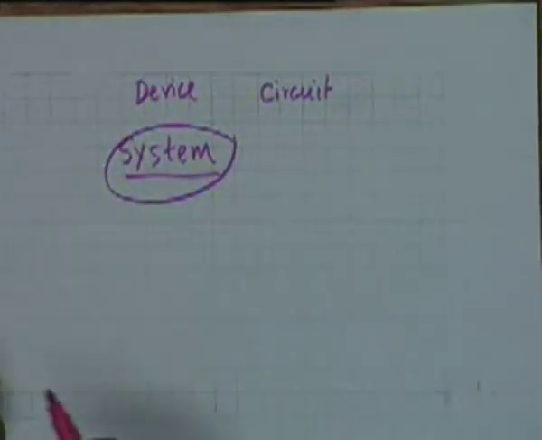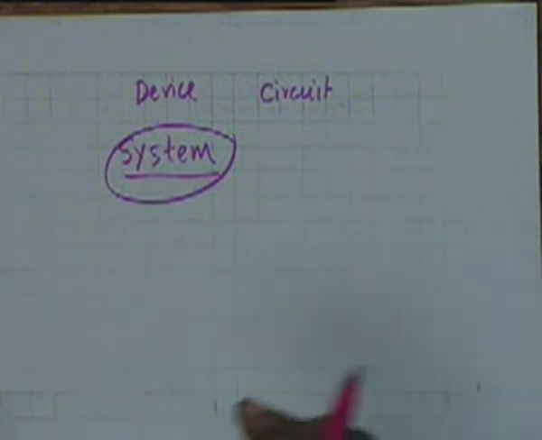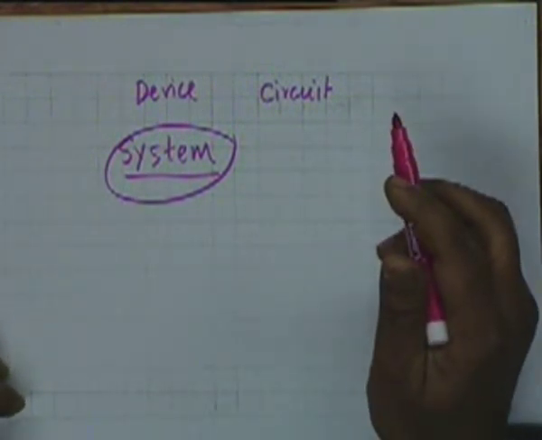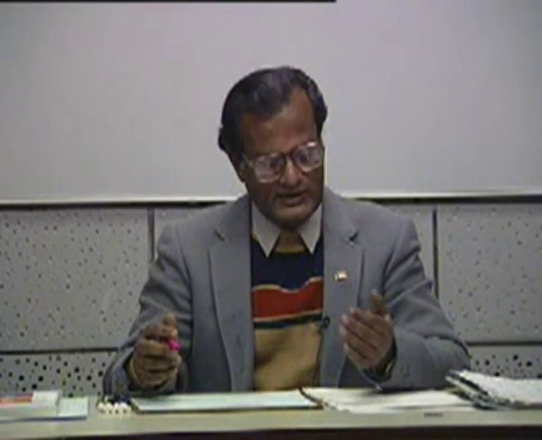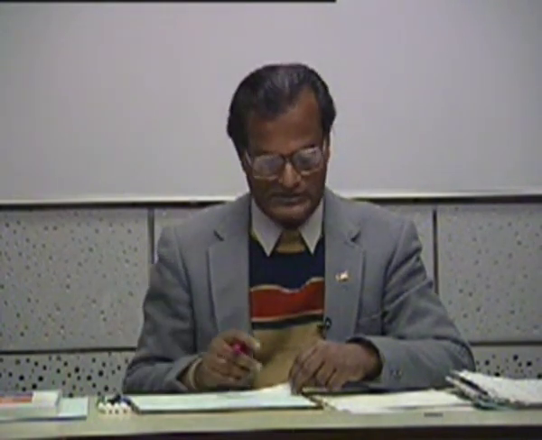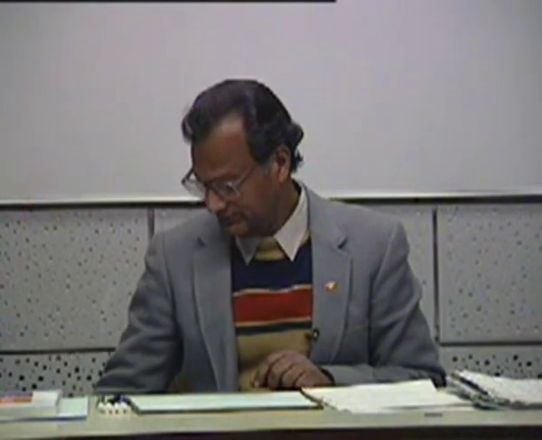Such a conglomeration of circuits and devices, the only difference being that devices may contain non-electrical or interface devices also, is called a system. For example, a public address system is an example of a communication system. There are other types of communication systems and so on. So, the word system should be familiar to you.